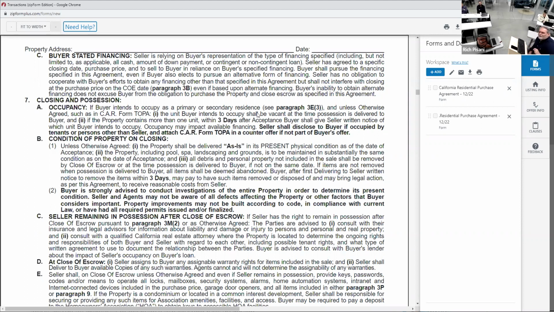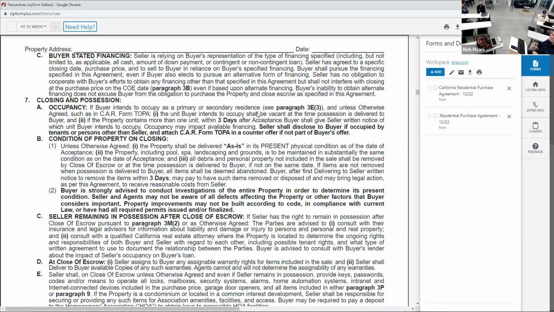Also, I think it goes into this later, but I'll mention it here, is final verification of property. That's what final verification of property is. It is to ensure that the property is in the same condition as when the offer was initially made, that the seller didn't go in and remove all the kitchen cabinets or do something to change the condition of the property.